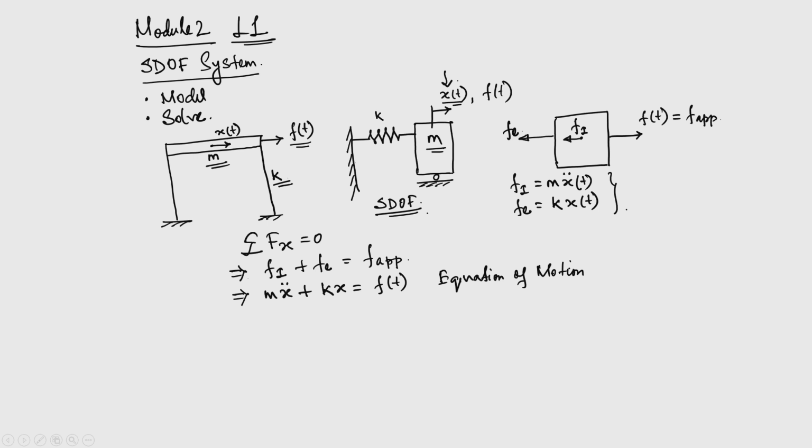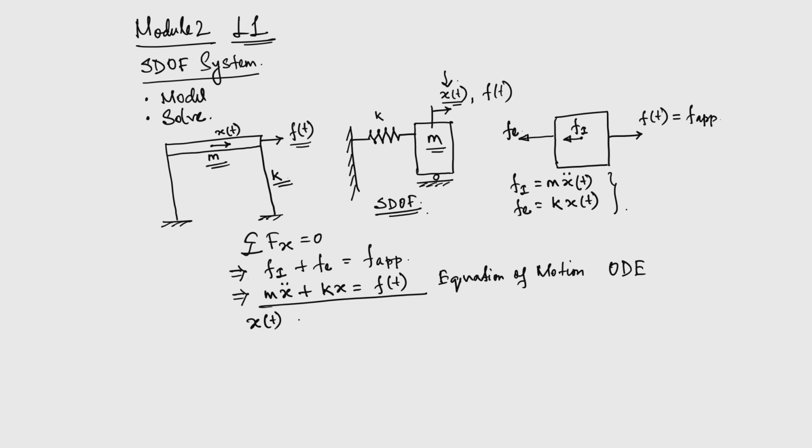Obviously, today we have an SDOF system, so this is the equation of motion for an SDOF system. Now, this is an ordinary differential equation, and our main objective is to find x of t, right. That is the solution. The moment we can solve for x for all t, we get the response of the structure.